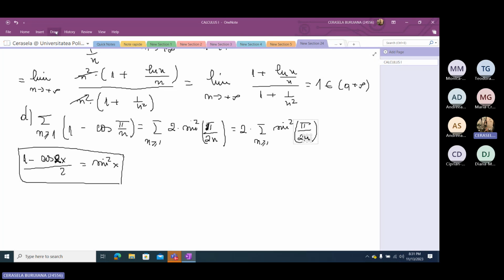Good. So I will use the limit comparison test one more time. Let's compare the series from our exercise with 1 over n squared. To be able to compute this, I will put here pi squared, and also here it's 2n. I wrote by mistake pi at the denominator, it's 2n.